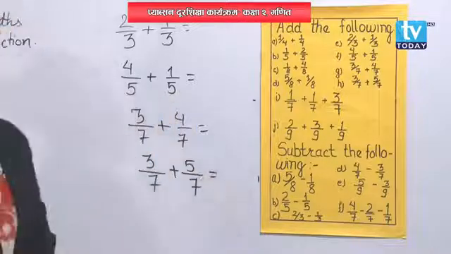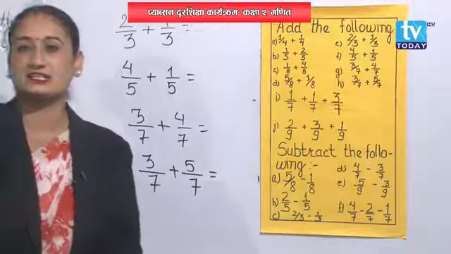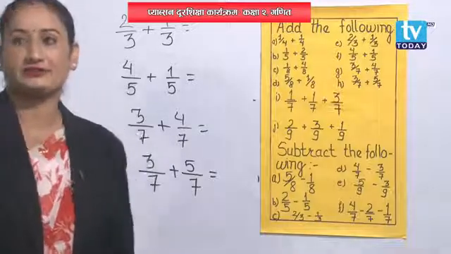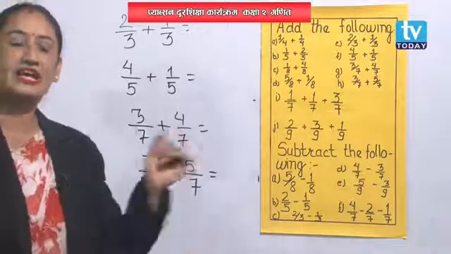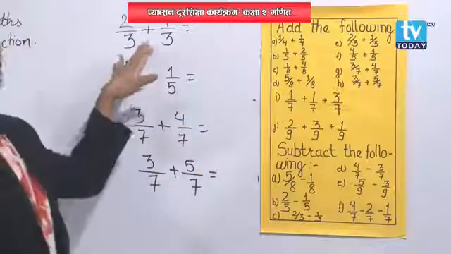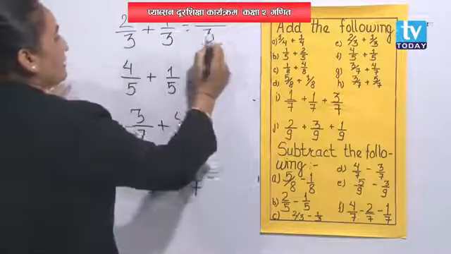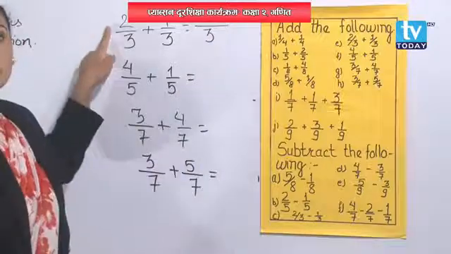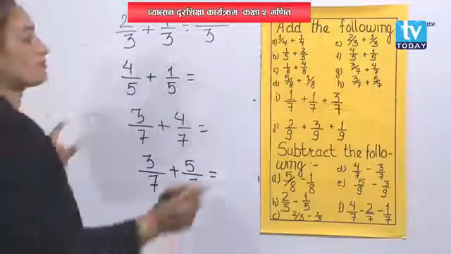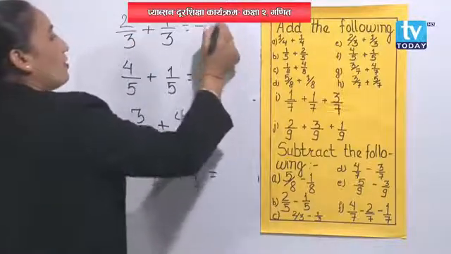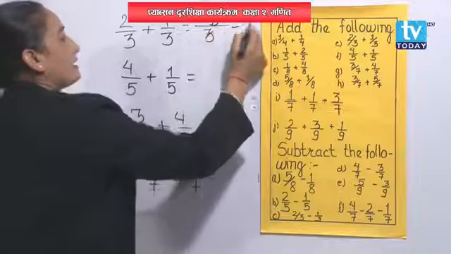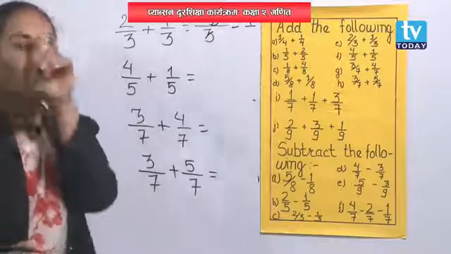Now, students, have you written the answers? I hope so. See, students, now tell me the answer. 3 is common. Let's take the common as 3. Now add 2 plus 1. It's 3. 3 by 3, when we cut it, then it becomes one whole.